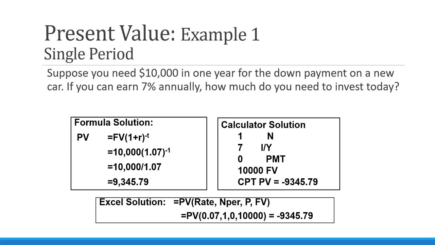So for the formula, we have the future value, which is $10,000, our rate of 7%, and the time frame of 1 year. That gives us a present value of $9,345.79. We also have the financial calculator input and how we would put it into Excel. Of course, in our examples, we will practice this.